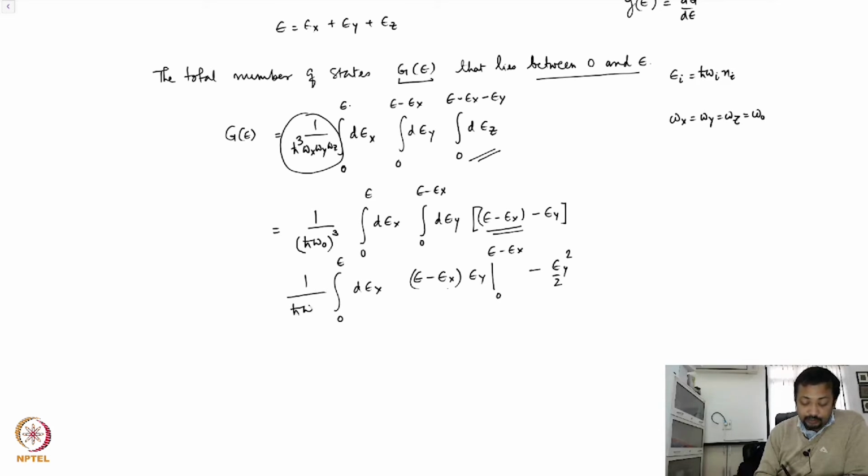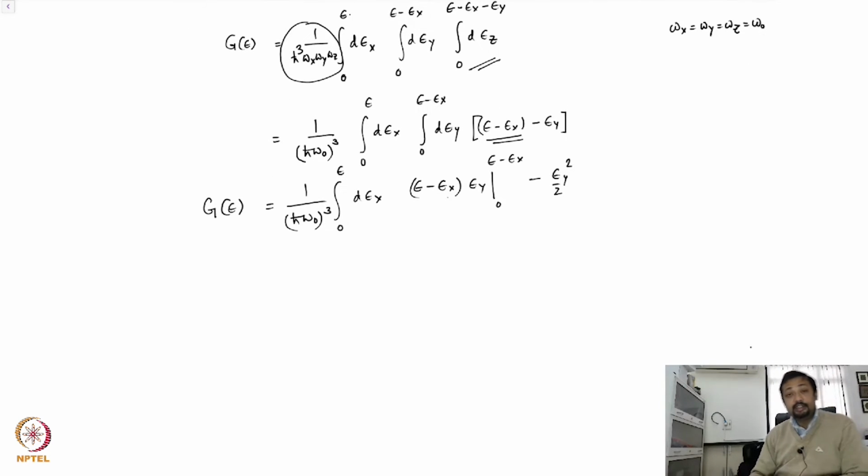Outside I have a factor 1 over h bar omega naught whole cube, and this is your total number of energy states that is available between the energies 0 and epsilon.